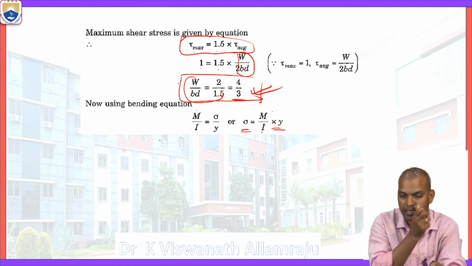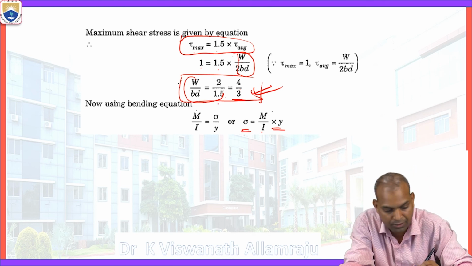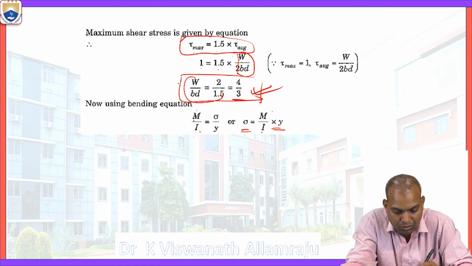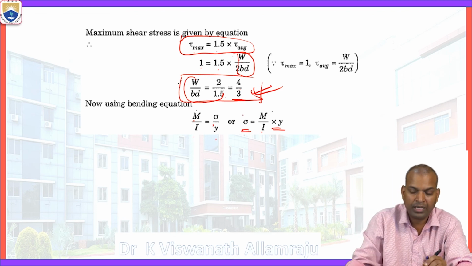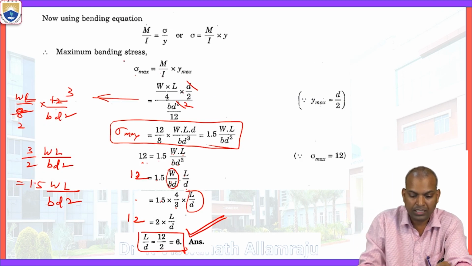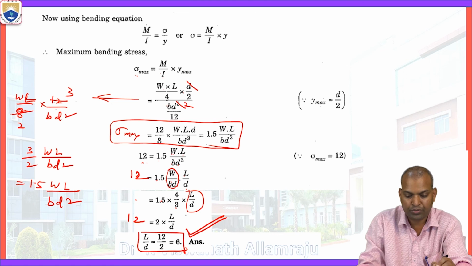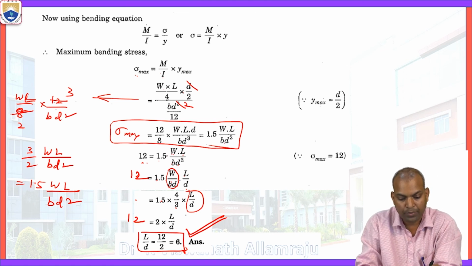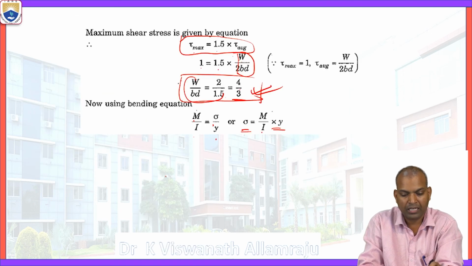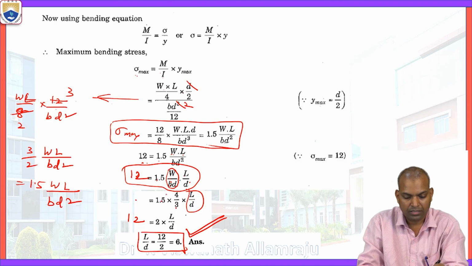Where W by BD comes, you have to substitute this 4 by 3 value. Now M by I equal to sigma by Y, that is sigma equal to M by I times Y. Then for sigma maximum, if you substitute, here you can see W by BD into L by D. What is W by BD? We calculated that, it is 4 by 3. Then L by D was calculated.